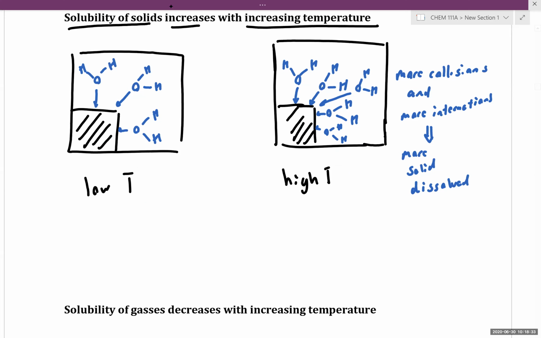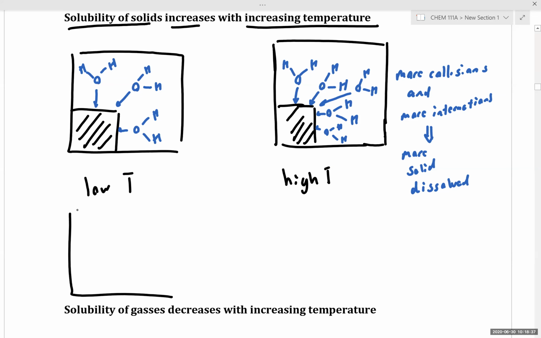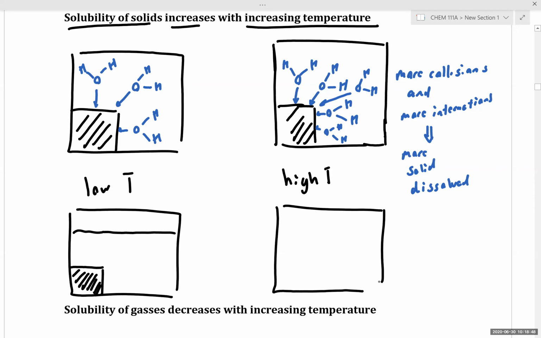So if we were to show an end result, if we compare low temperature to high temperature, at the end of our low temperature run, say we have a little bit less solute dissolved, while at the end of our high temperature run, we'd have just a very small amount of solid remaining. So at the end of our high temperature run, we have more solute dissolved.